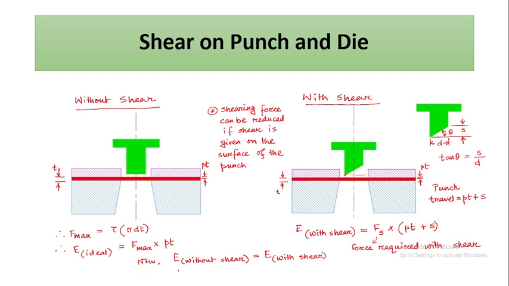So F max into PT is equal to Fs into PT plus S. Or we can write Fs as F max into PT by PT plus S, where A is greater than P into T.